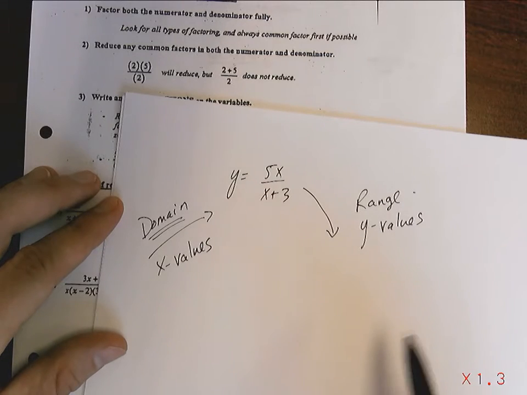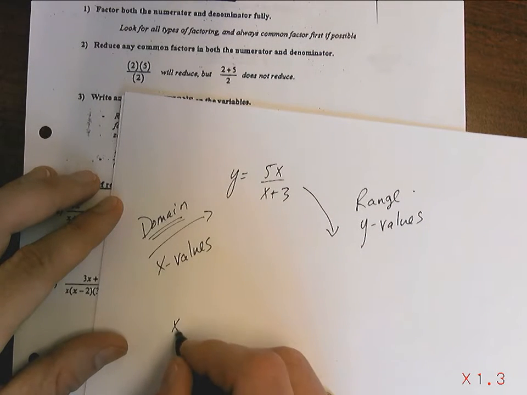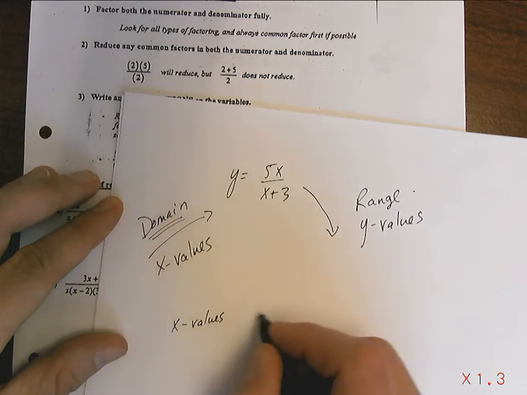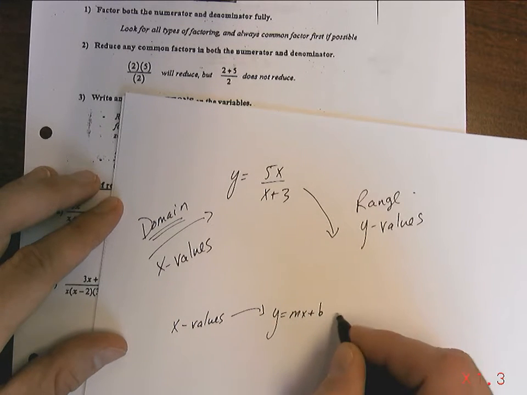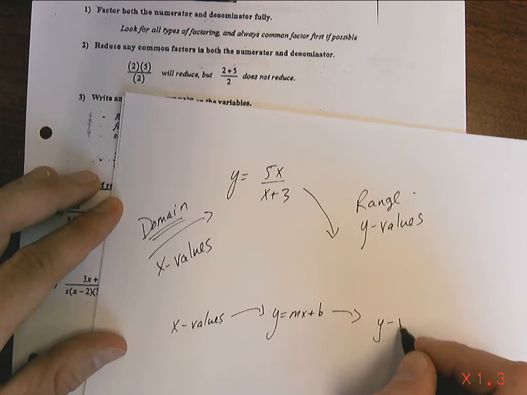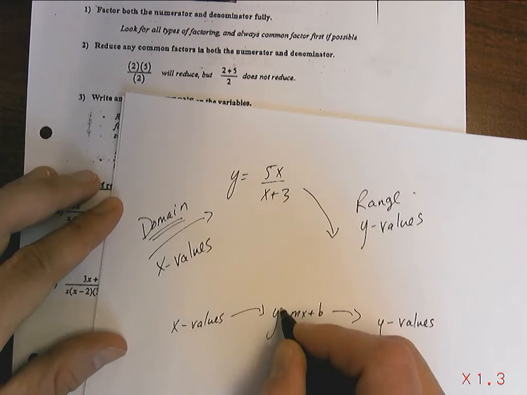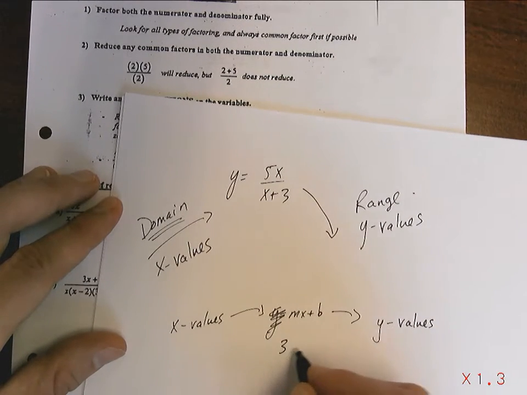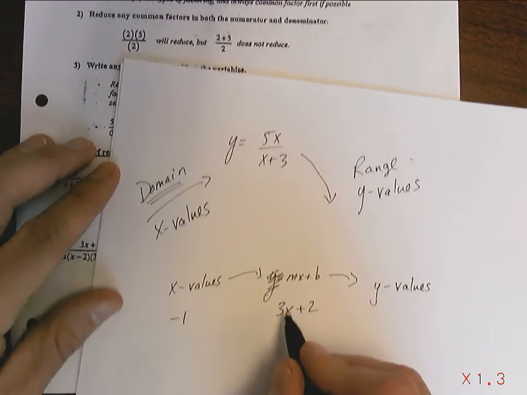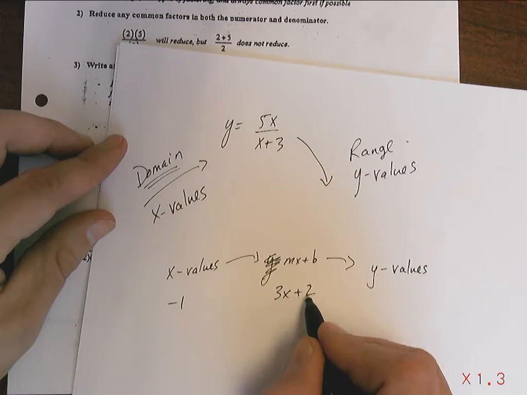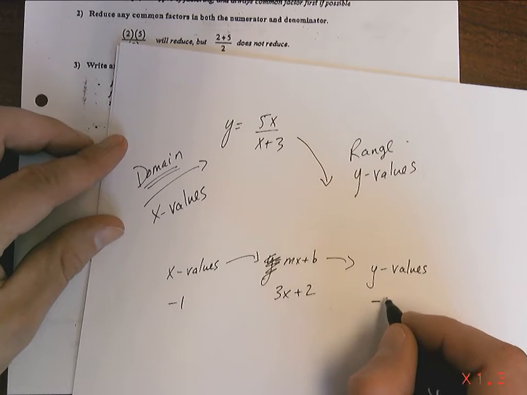You've done this in grade 9. In grade 9 you had your x values and you put them into y equals mx plus b and they came out as y values. So maybe I make it 3x plus 2. If I put in negative 1 into x, it became negative 3 plus 2, so it became negative 1.